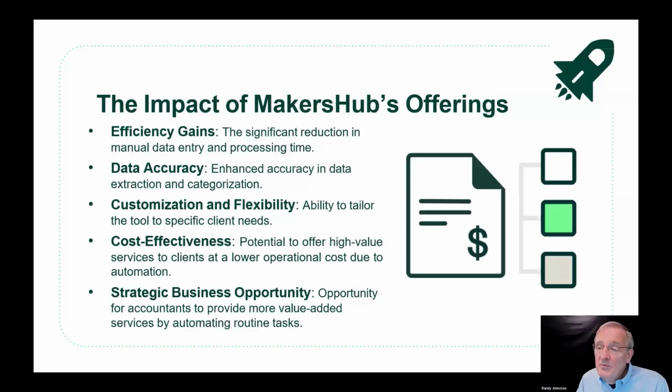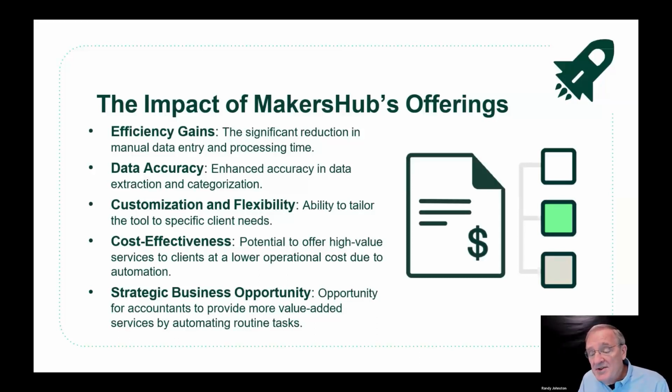Yeah. So Makers Hub, in my mind, provides your firm some efficiency gains because of the data accuracy with their OCR-enabled AI offering, which is clearly a big step forward. And by the way, people say they have big steps forward, but their vision really is a big step forward.